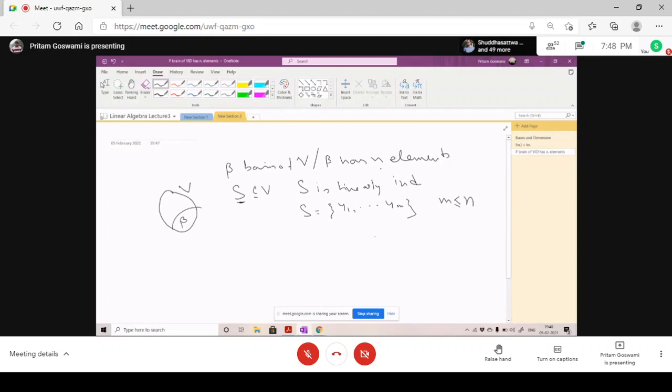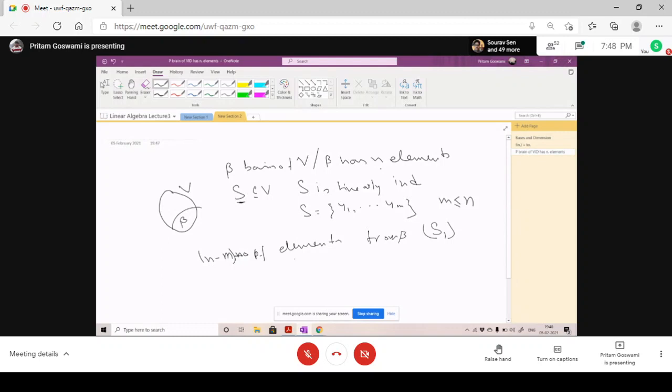Clear up to now? Yes, sir. So they are assuring that you can always find n minus m elements from beta, and the collection of these is denoted by S1, say.